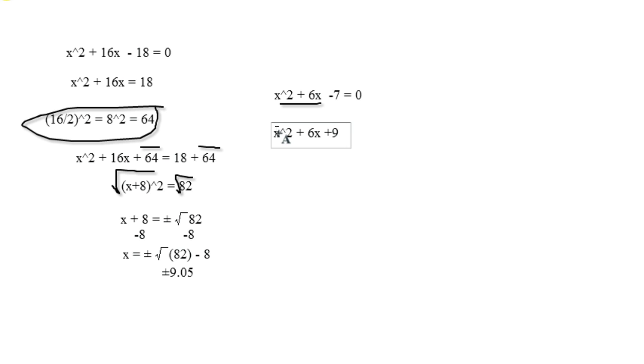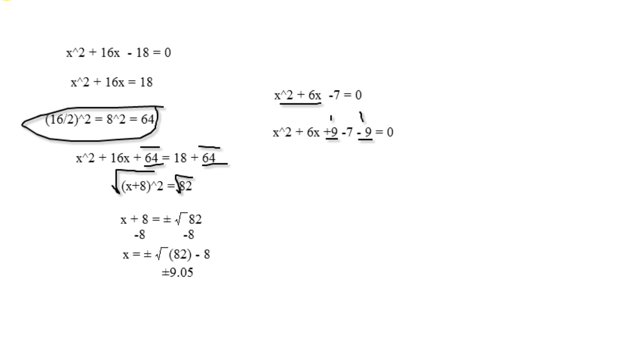Okay, and then keep the minus 7 here, but I also could minus 9 from the same side. Now the trick in math is that you could add the same number to both sides, like we did here with 64, but if you keep them on the same side, you have to both add it and subtract it at the same time. Okay, so that you understand just how that works.